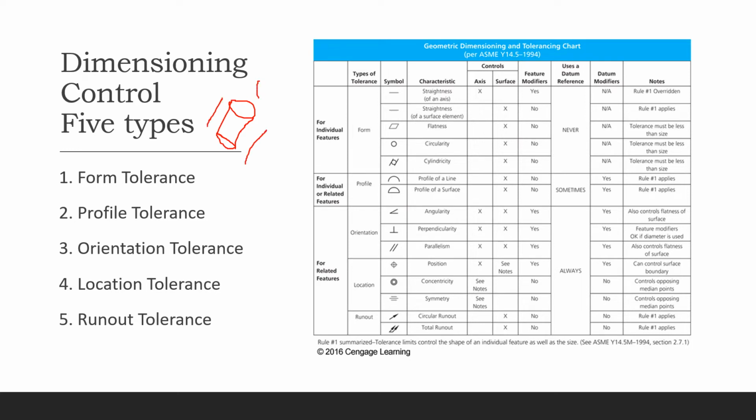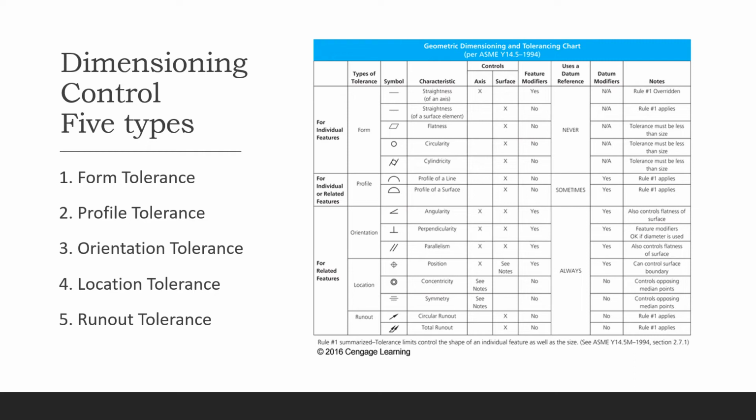It might look just like that cylinder, and we call that cylindricity. We give it a little symbol that looks like a small cylinder, a cut-out kind of form. So we have 5 controls, and we call those types of tolerance.